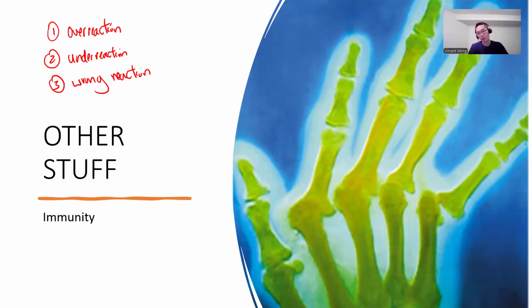This is an X-ray picture of a hand, and needless to say, that looks very painful. What condition might cause that? Anybody know? 2 words. First word starts with R. Okay, this is rheumatoid arthritis.